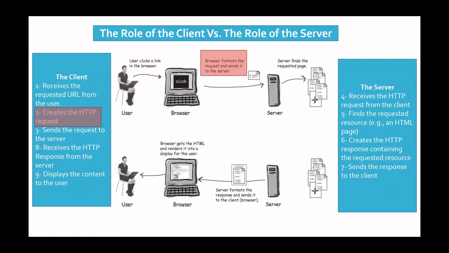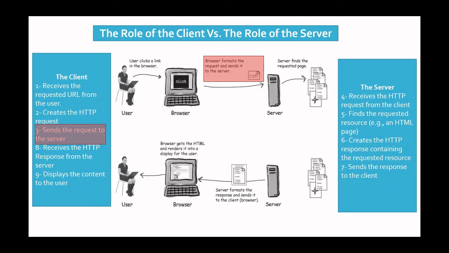and creates the HTTP request. Okay, so it adds the additional information that is indicated by the HTTP protocol, and then sends that request to the server. So the client needs to know how to create the request, and it needs to know how to send it to the server.